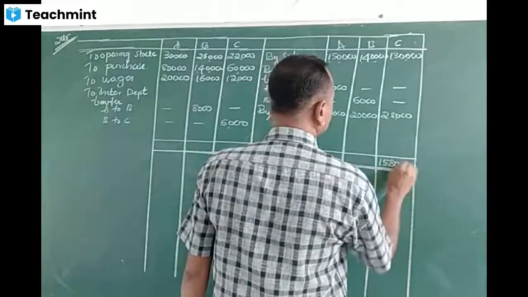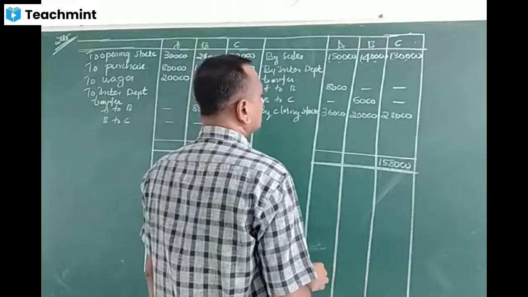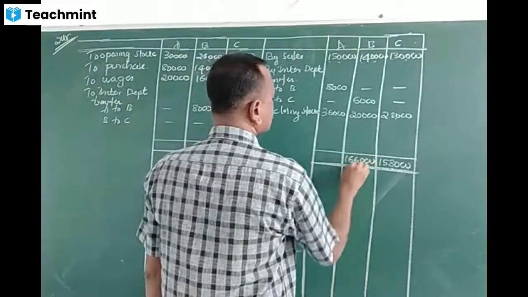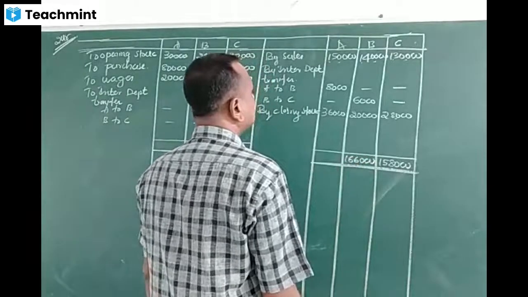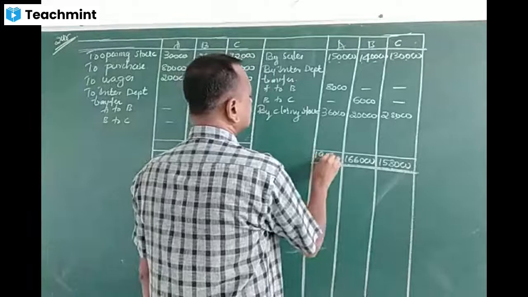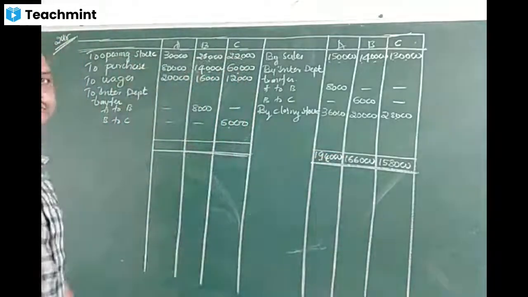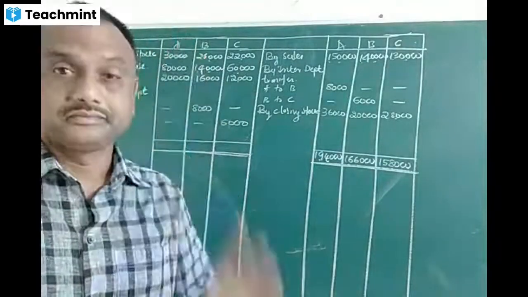The totals are 1,58,000, 1,66,000, 1,94,000. Is it right? Yes, sir.